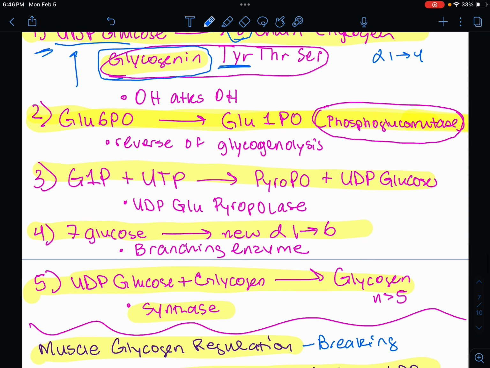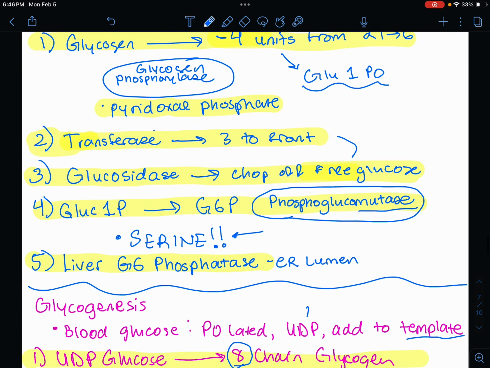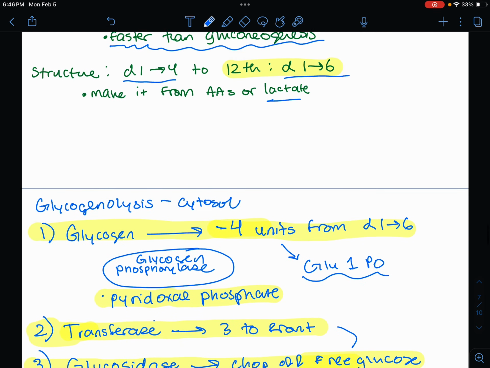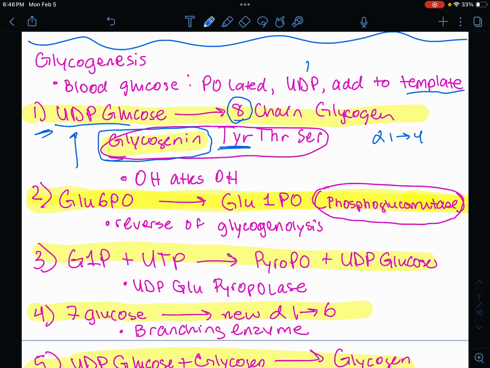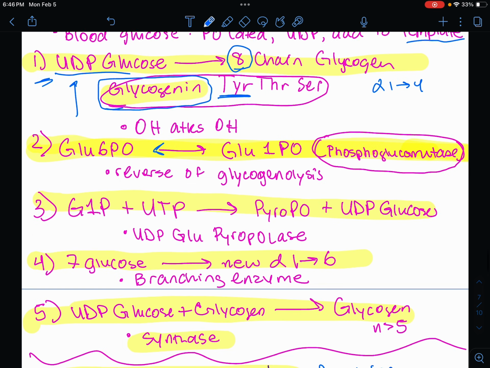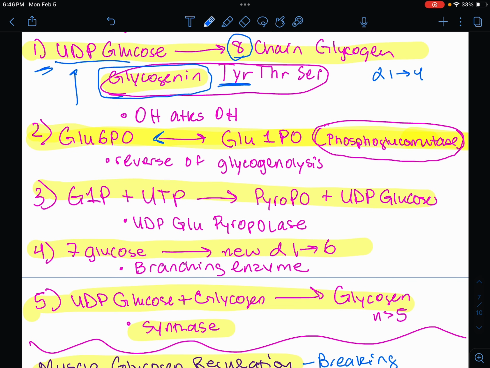So our glucose 6-phosphate could be transformed into glucose 1-phosphate via the same enzyme phosphoglucomutase that we used in step 4 of glycogenolysis. It's because this reaction is actually reversible. And once it's glucose 1-phosphate, we could then add our UTP, or uracil triphosphate.